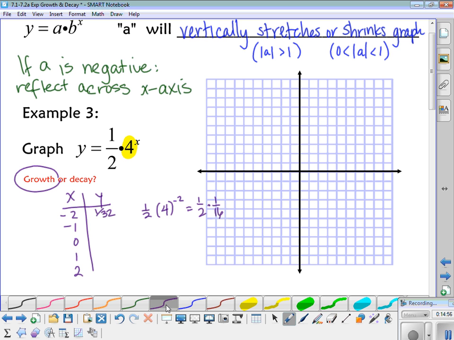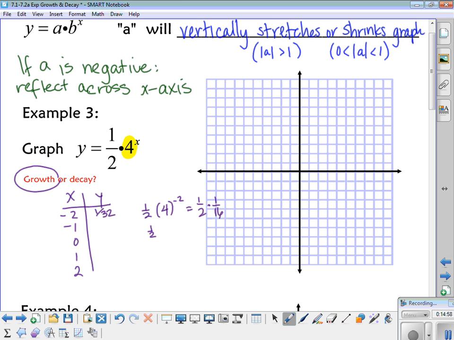Then if I do the next one, I've got 1/2 times 4 to the -1, so that's times 1/4. And then if I do 0, it's 1/2 times 4 to the 0, which is 1. So that's 1/2. And then I'll have 1/2 times 4, which is 2, and 1/2 times 16, which is 8.